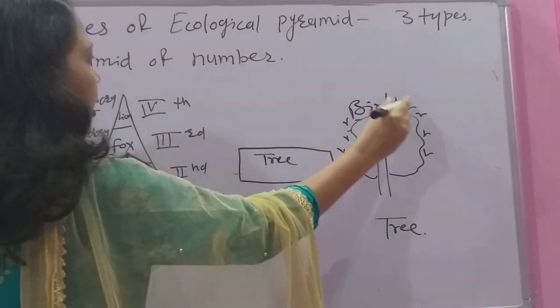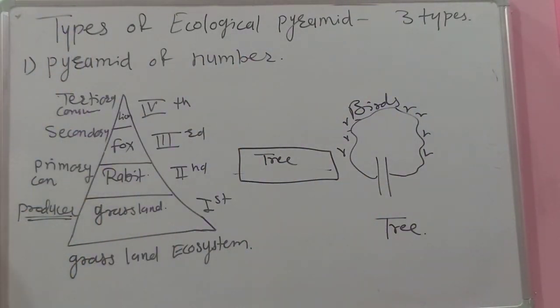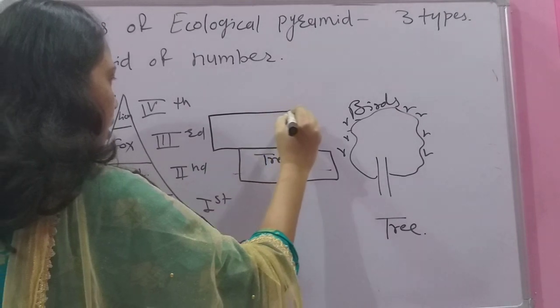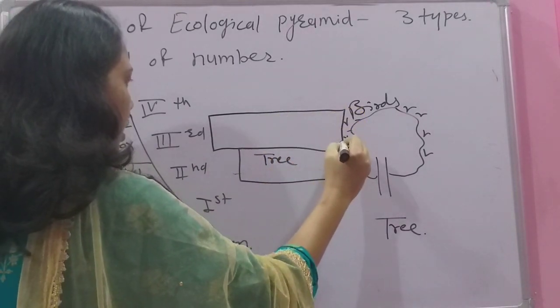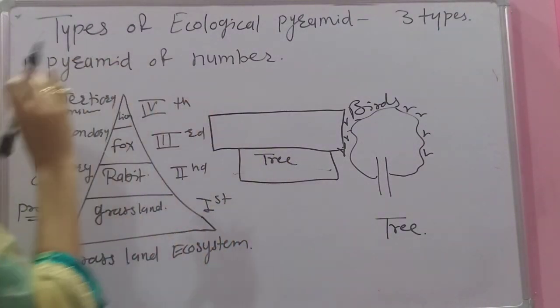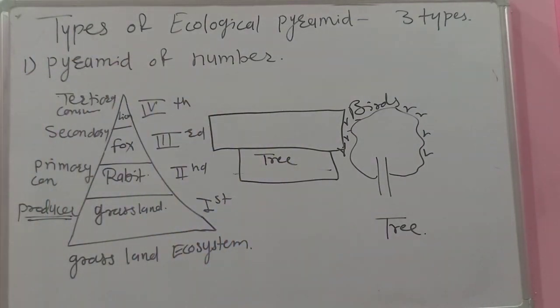Then on this tree, the various types of birds mean the second trophic level. This second trophic level is larger than the first trophic level, and hence this type of pyramid is inverted.